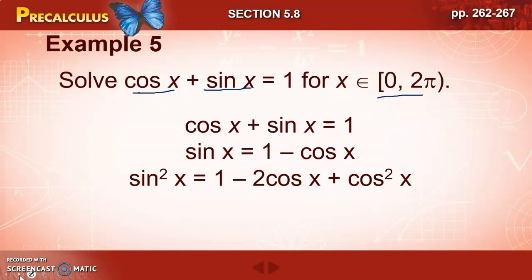So what happens if I square both sides? We're going to square both sides, and that way we'll have the Pythagorean identity. Squaring this side gives us sine squared x, and squaring this side gives us 1 minus 2 cosine x plus cosine squared x.